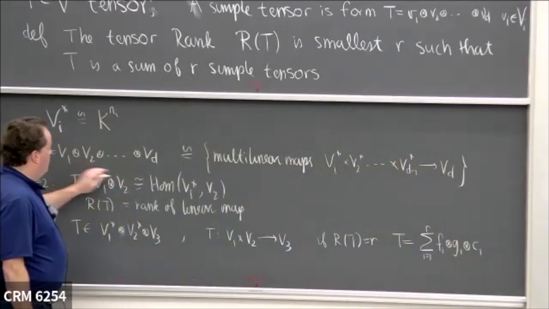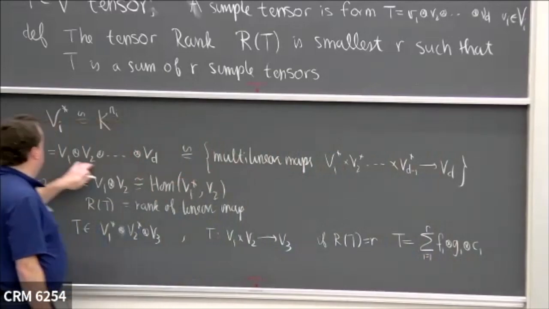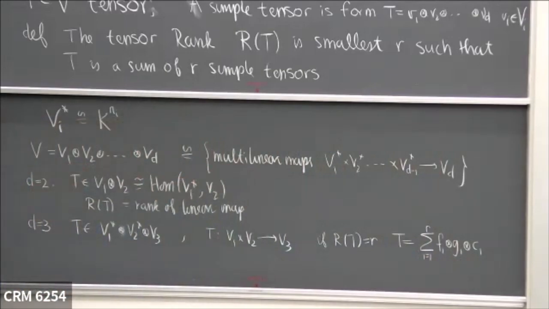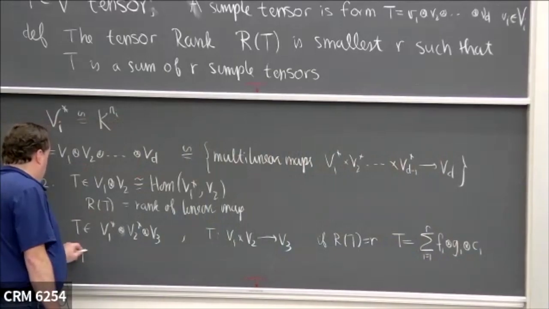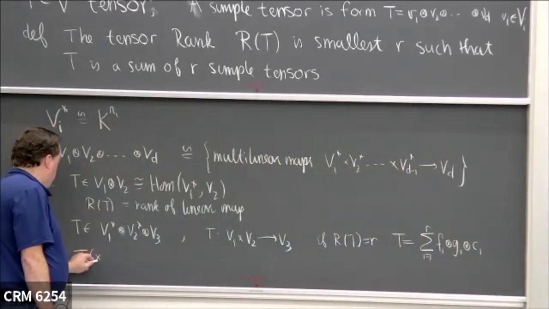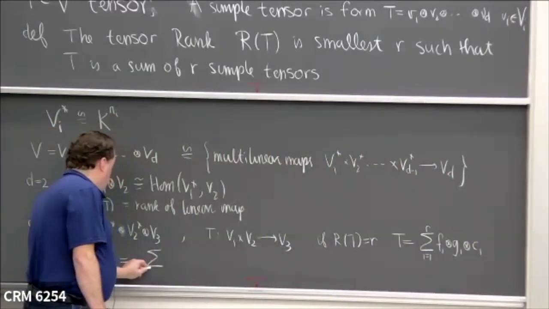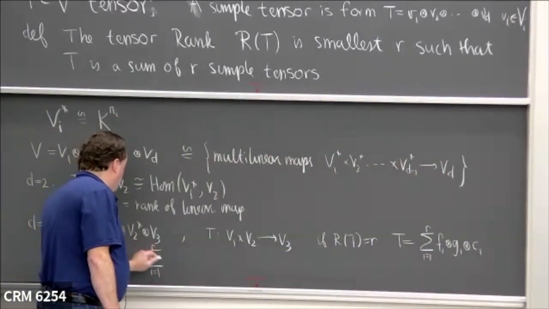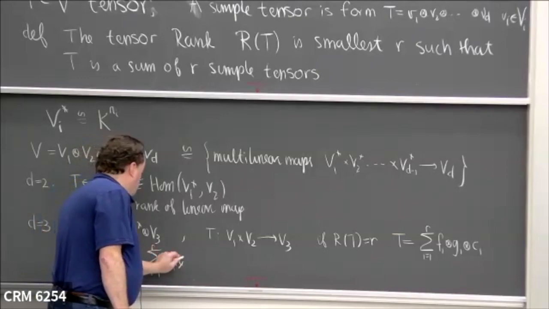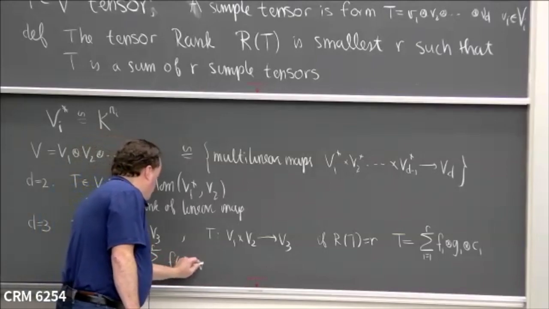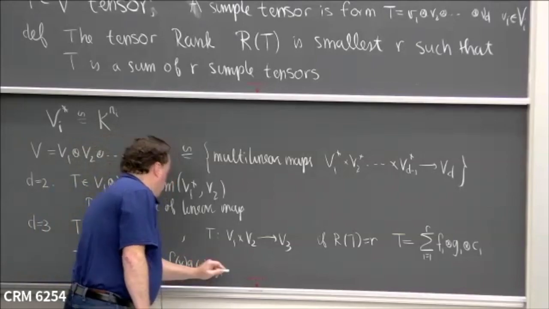Under this identification between multilinear maps and tensors, this bilinear map is given by T(x,y) equals the sum for i is 1 to R of f_i(x) times g_i(y) times c_i.